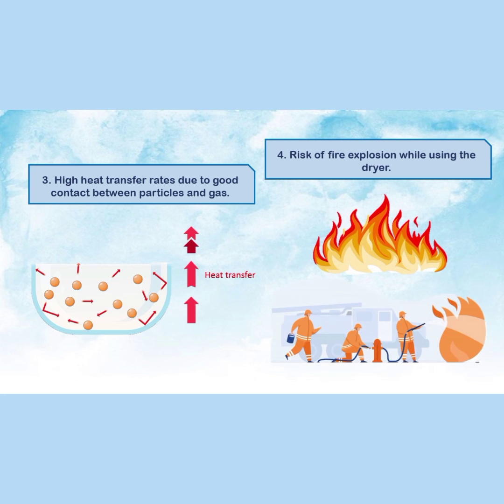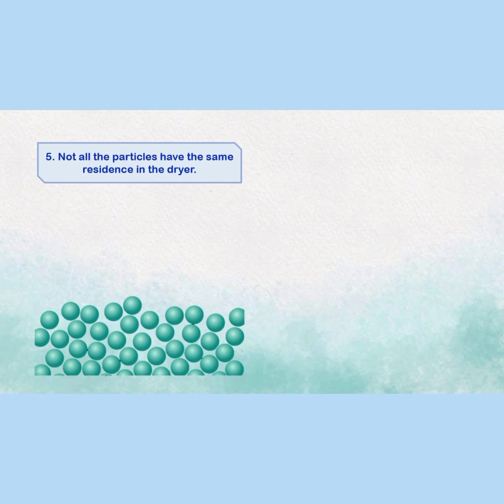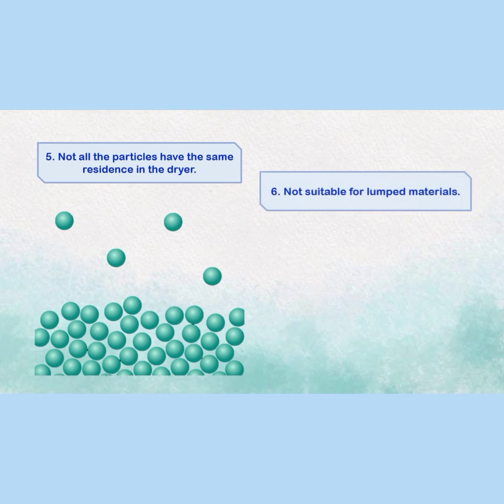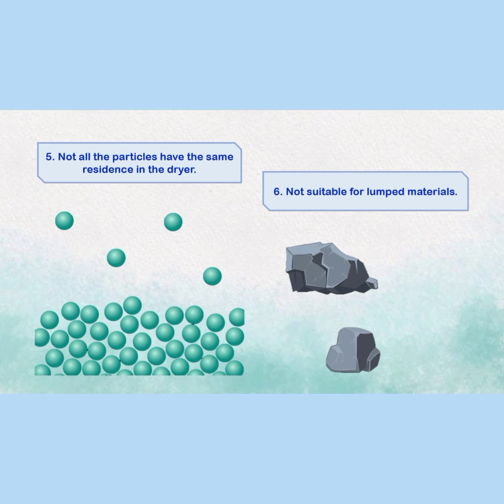It will have the fire inside the dryer and it will be an explosion. The fifth is not all the particles have the same residence in the dryer. It means each of the particles have different residence. And the last disadvantage is this dryer is not suitable for lump material such as the rock.